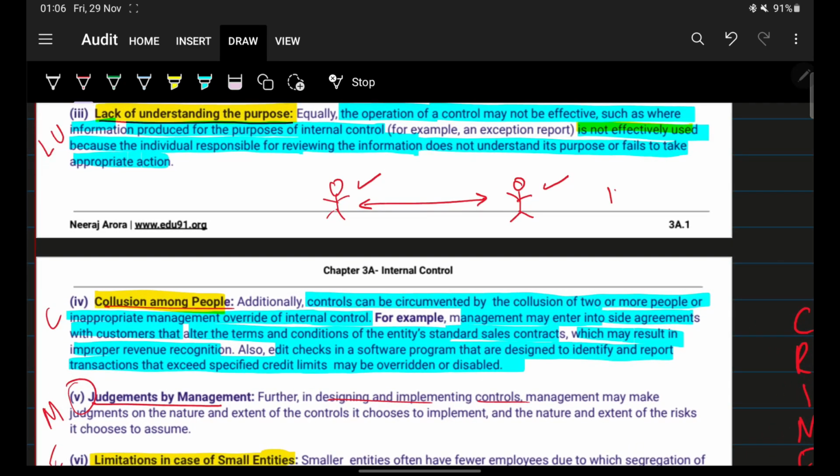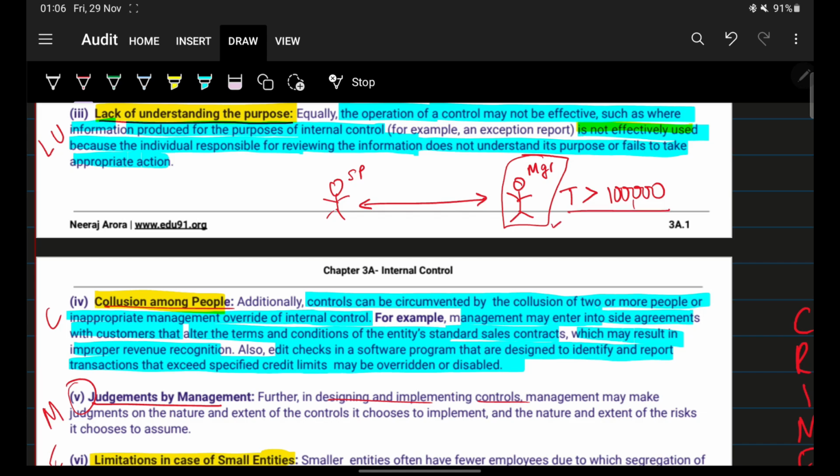Suppose the software says that if the transaction value is 1 lakh rupees or more, then the salesperson has to get authorization from the manager. Now this manager, who has access to control these transactions, can approve them.